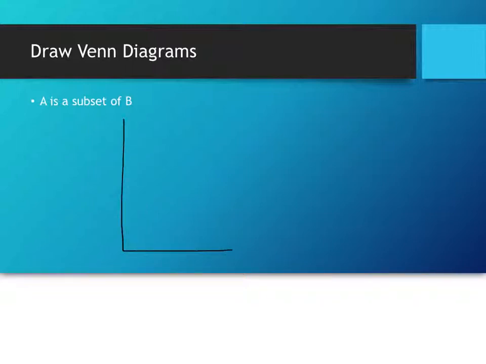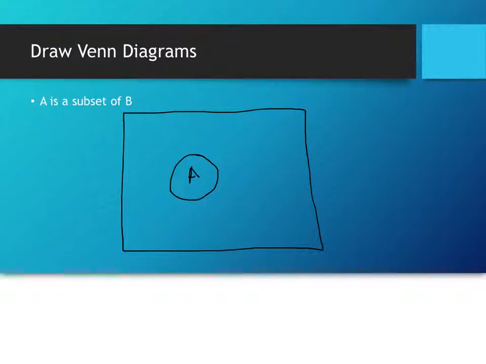First off, anytime you have a Venn diagram, always start with a big rectangle representing the universe. Now, if A is a subset of B, when I say we're representing sets with circles, I'm pretending that all of the elements are inside that circle. So all of the elements of A are somewhere in here.